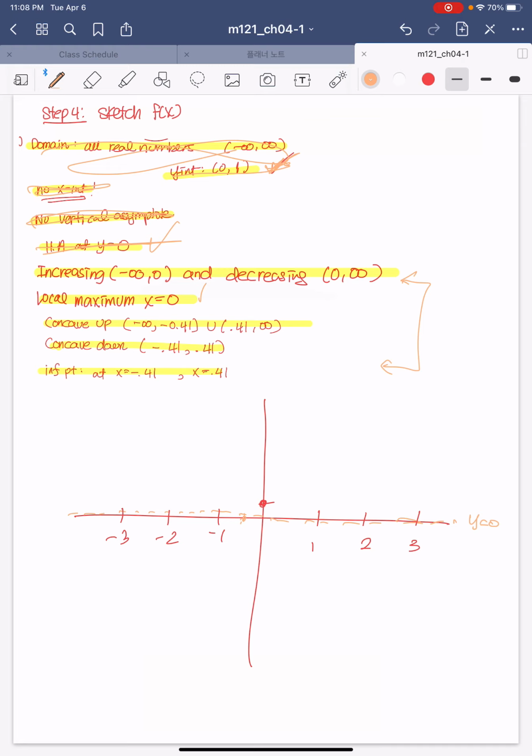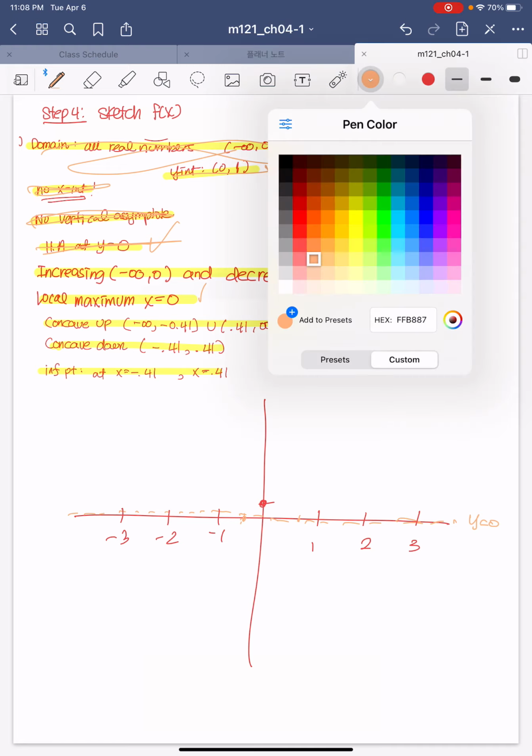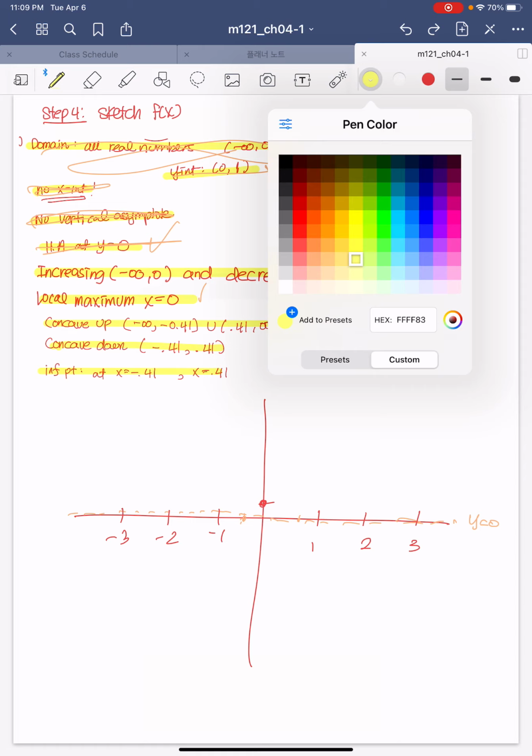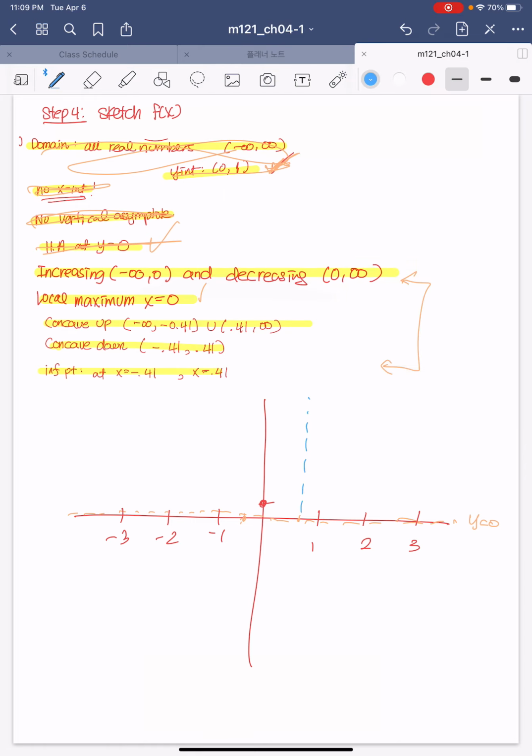And then positive 0.41 is right over here. For now, I'm not really drawing the vertical line because I'm going to erase it in a minute.